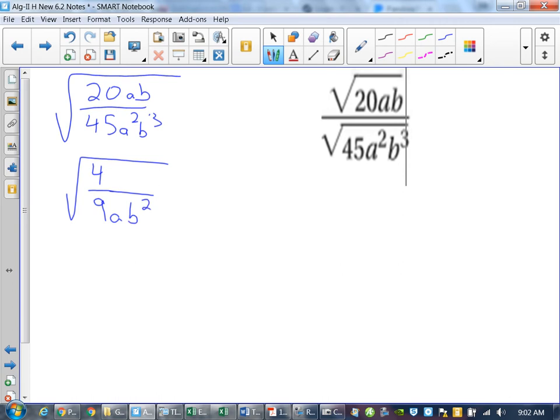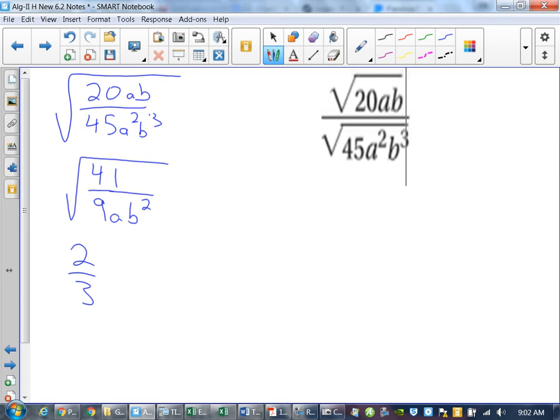So what happens then is, think about the fraction. Is 4/9 a perfect square? Yeah, it's what? 2/3.